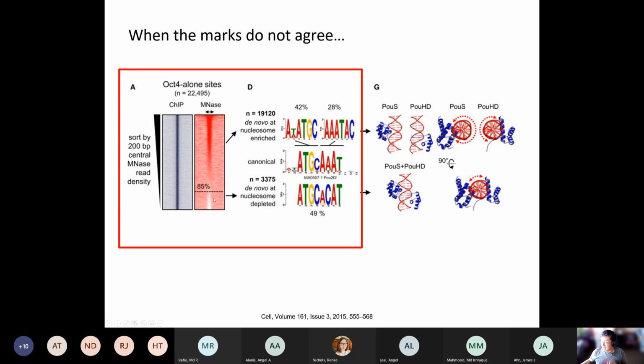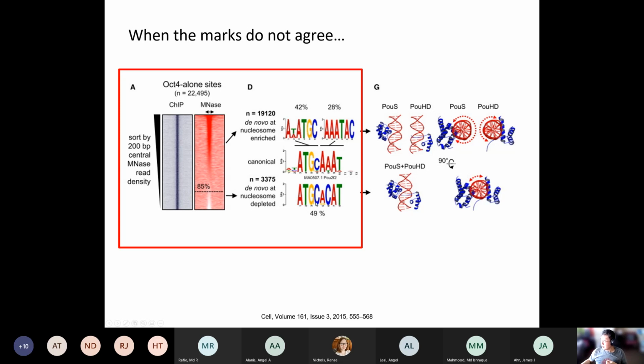So this part of binding is easy to explain, because it is open chromatin. In this open chromatin, you have OCT4 binding. But the top is hard to explain. As you can see, you have a lot of micrococcal nuclease activity. That means that part has a lot of nucleosomes. However, OCT4 is still able to bind to those regions. And eventually, they found that the OCT4 binding is different in these two occasions.